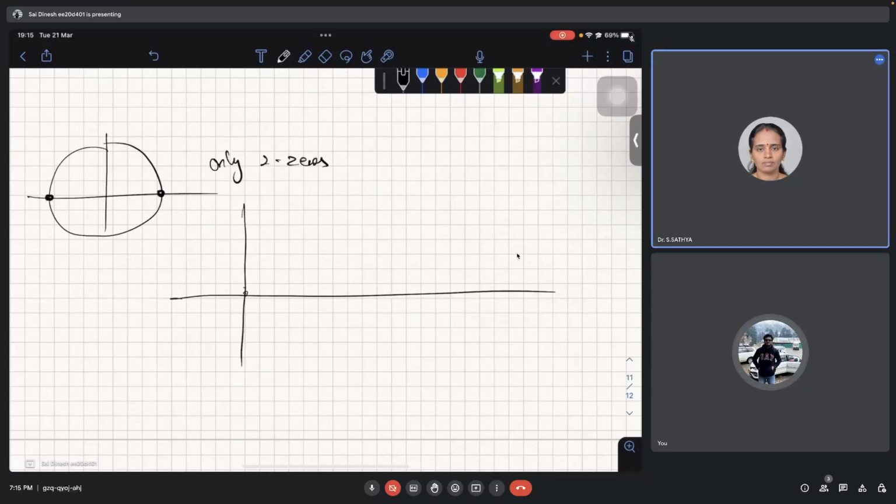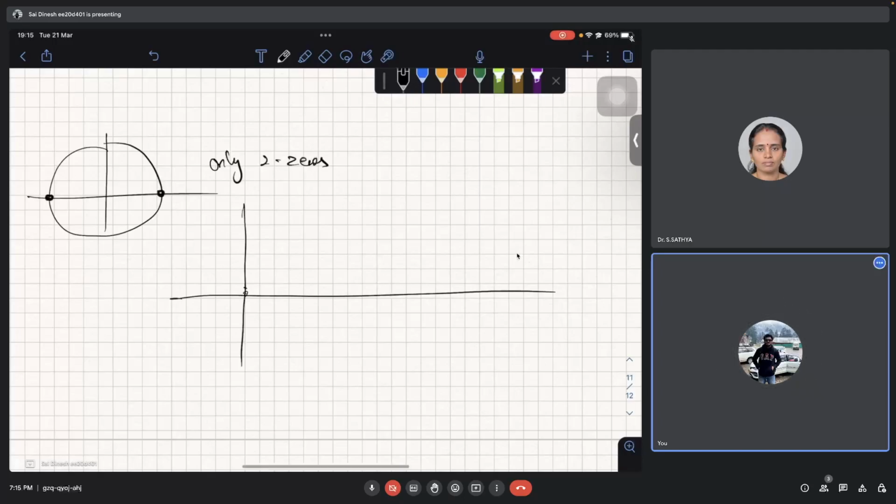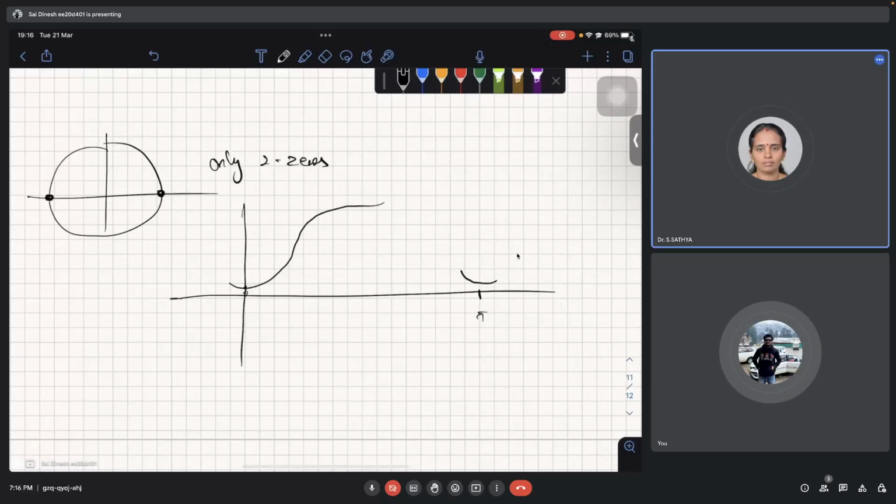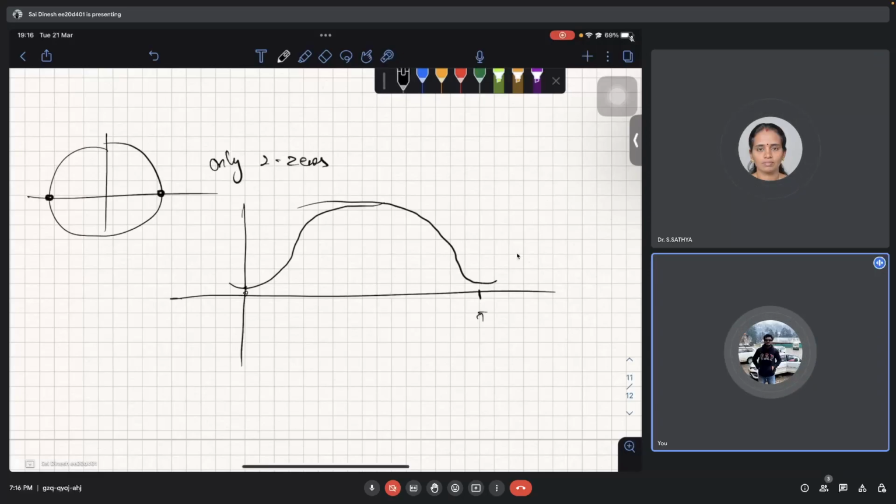So a zero creates a narrow valley, and at angle pi also there is a very narrow valley, and it grows like this.